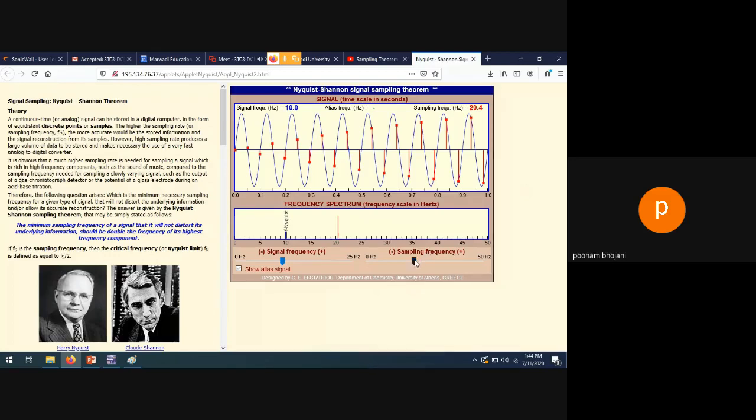Now if you decrease the sampling frequency, I am putting signal frequency 10 and sampling frequency less than 20. Then what will happen? If you connect these red color points, they are showing this green color dotted line.